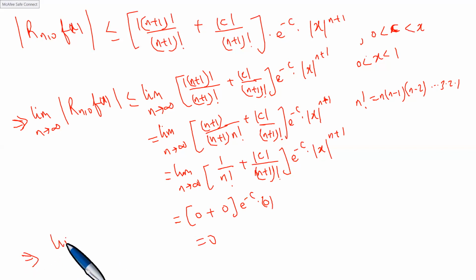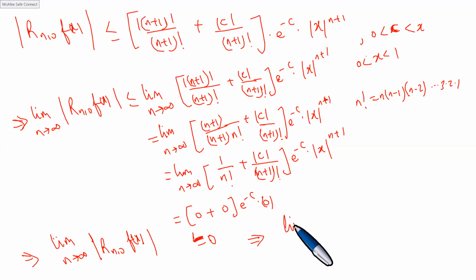Effectively, what we're saying is that the limit as n approaches infinity of the modulus of Rn(x) is less or equal to 0. As a consequence, what we're getting is that the limit as n approaches infinity of Rn(x) equals what?